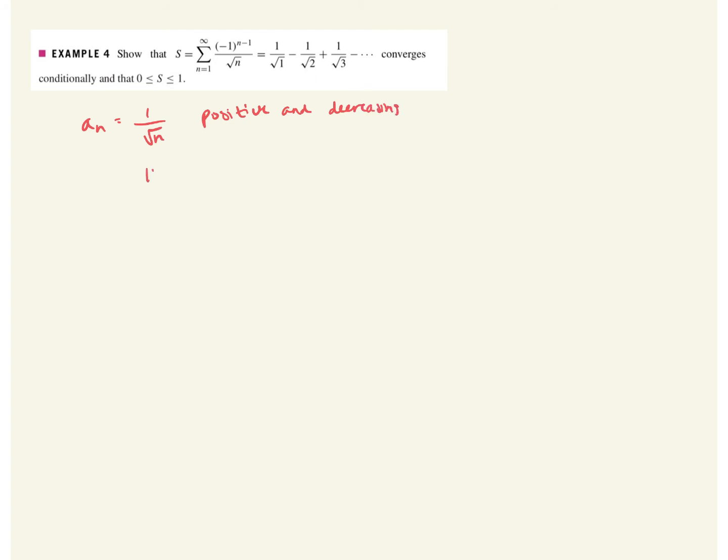And we can show that the limit as n approaches infinity of a sub n equals 0. So because of this, we can then say S converges by the Leibniz test.